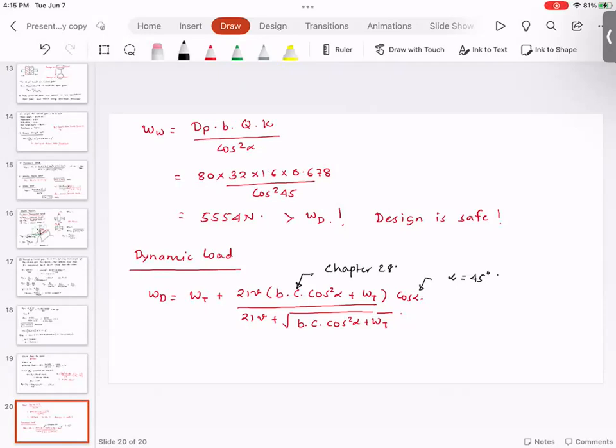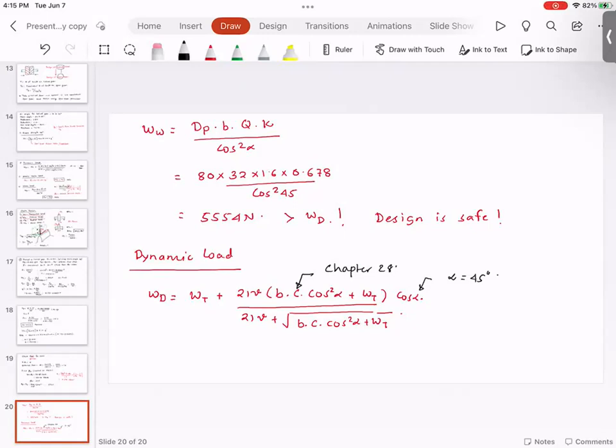So this is a very simple problem, but what I'm going to do in the next class is actually work out a slightly more involved problem. I don't have time to finish this problem.